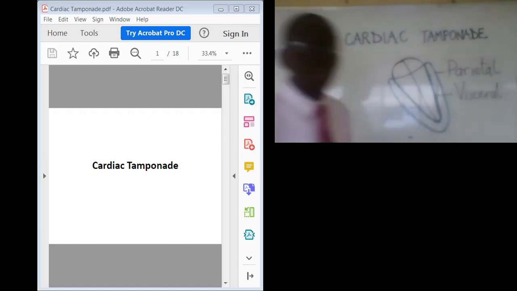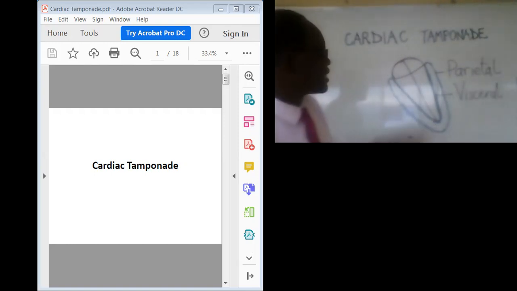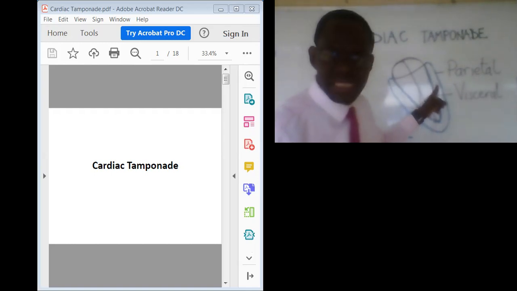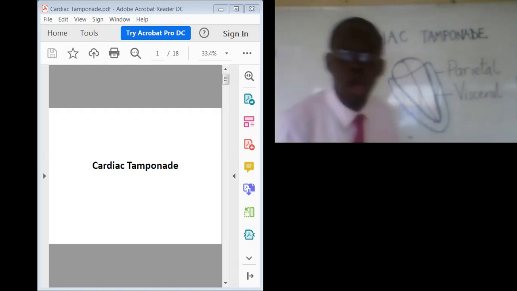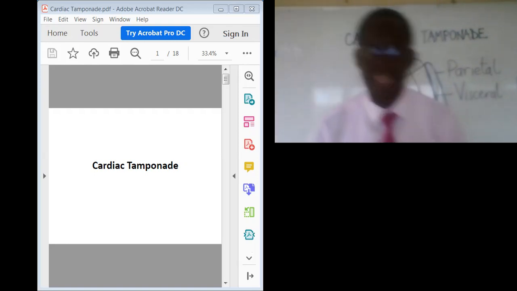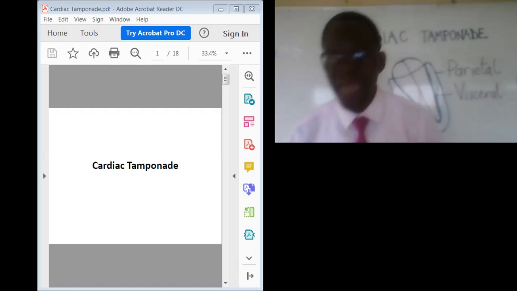Now, the parietal pericardium and the visceral have a space within them, the space that we call the pericardial cavity or the pericardial sac.